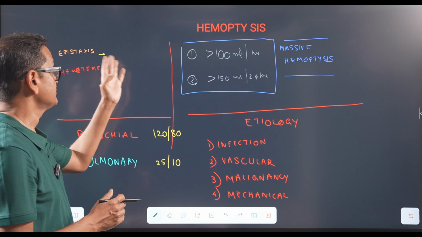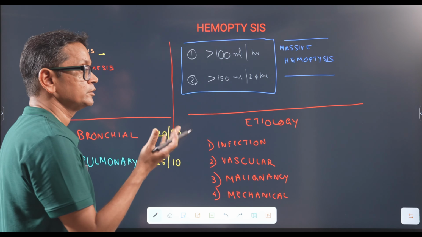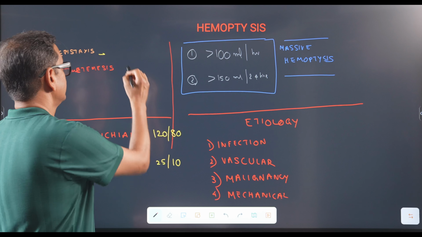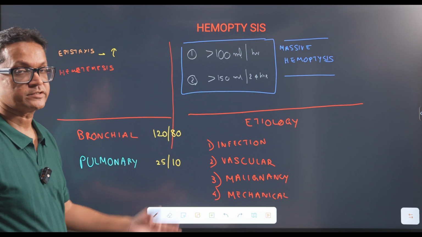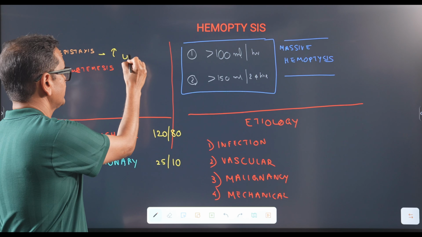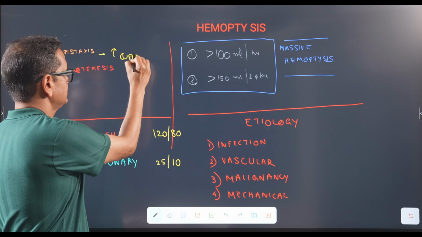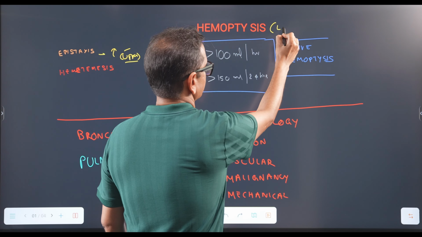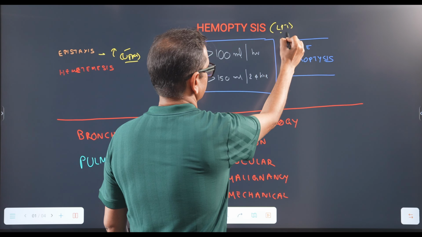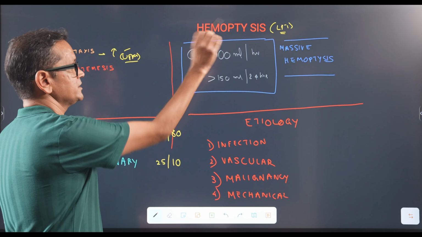So epistaxis from the nose, throat, or even biting of the tongue is nothing but blood from the upper airways, whereas hemoptysis is from the lower respiratory tract, LRT. So this is URT, this is LRT.